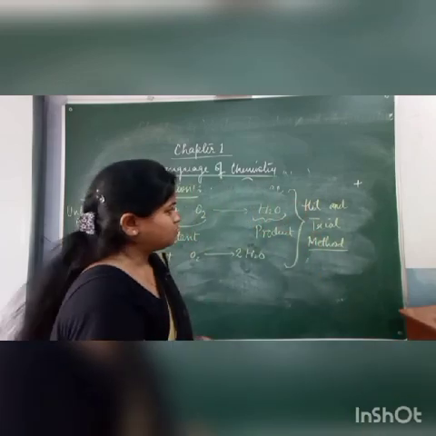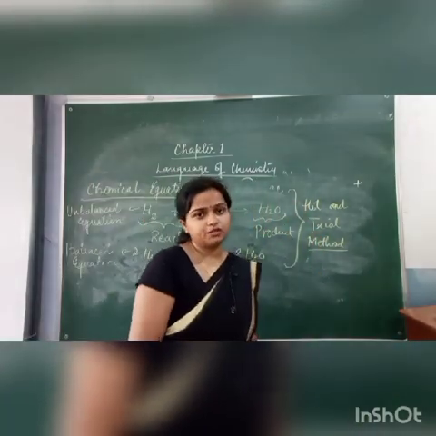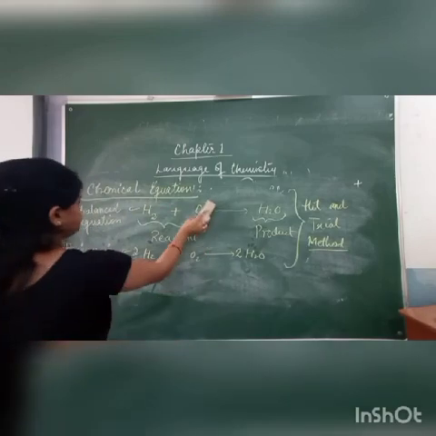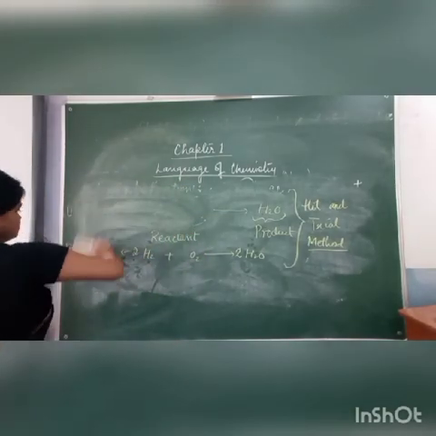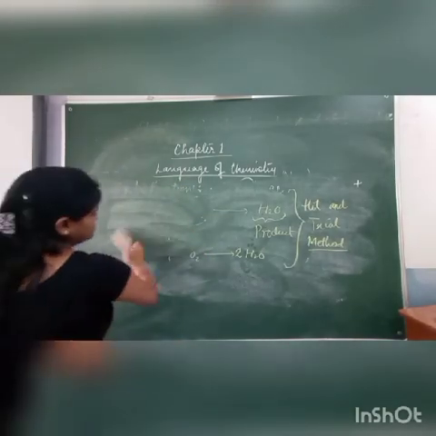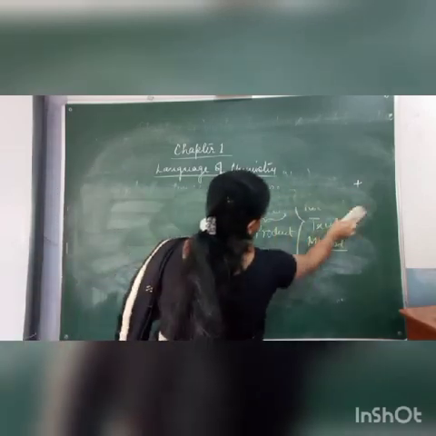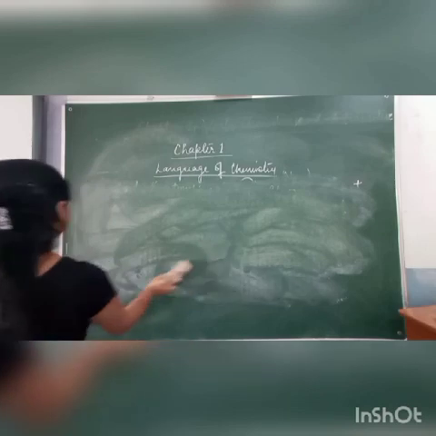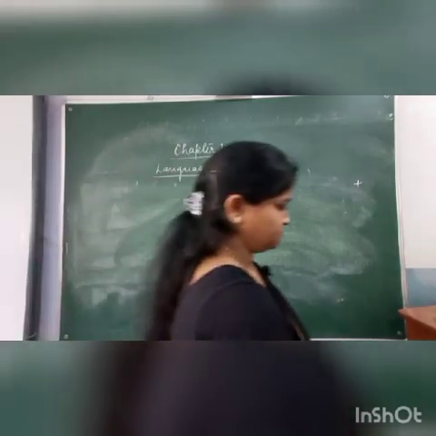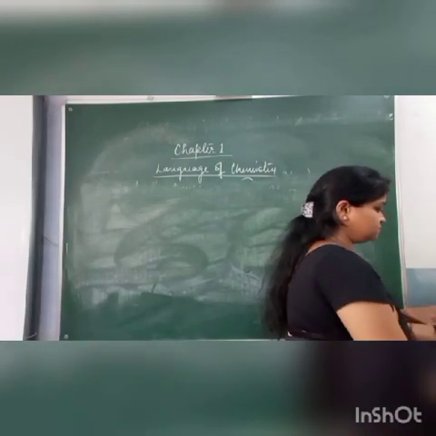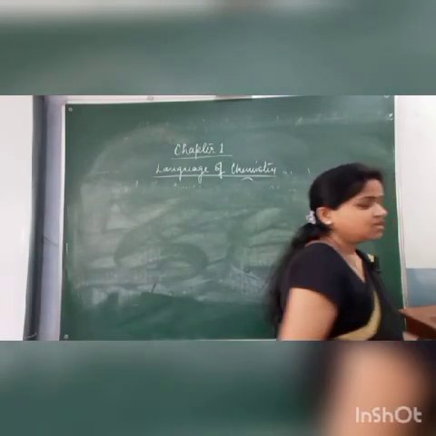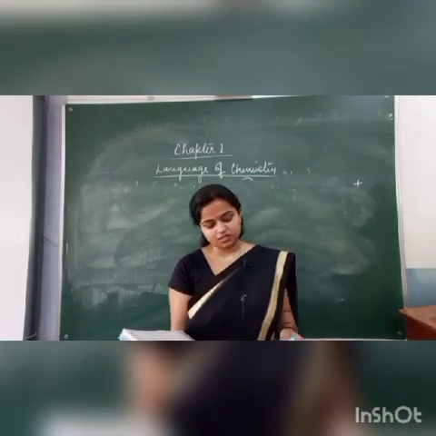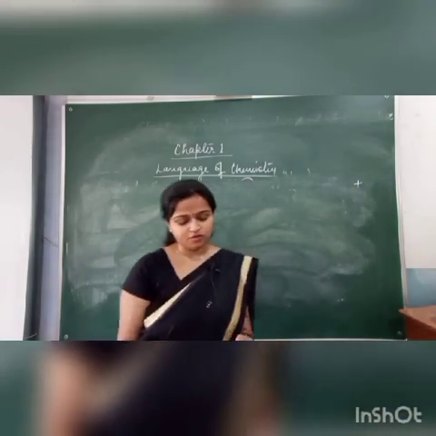Okay. Now our next method is the partial equation method. Let us see that method. See, in case of partial equation method, what are the steps we have to follow?